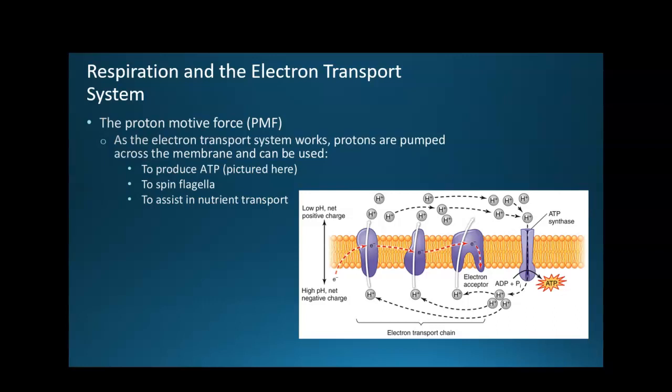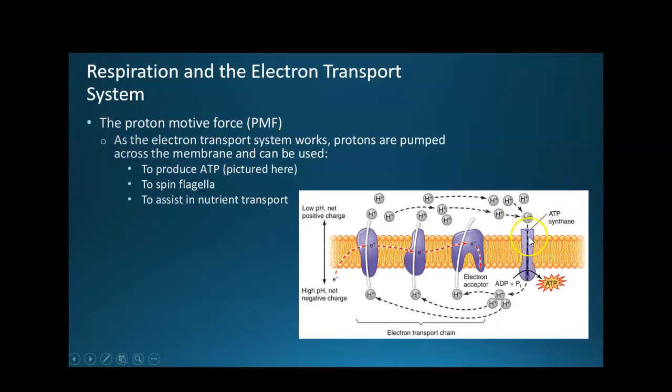But in the case of making ATP specifically, because that's what we've been focusing on, as you build up all these protons in that space, nature takes over. Nature wants equal concentrations across both surfaces, so we start to see diffusion. We only allow those protons to diffuse back to the opposite side of the membrane one way.